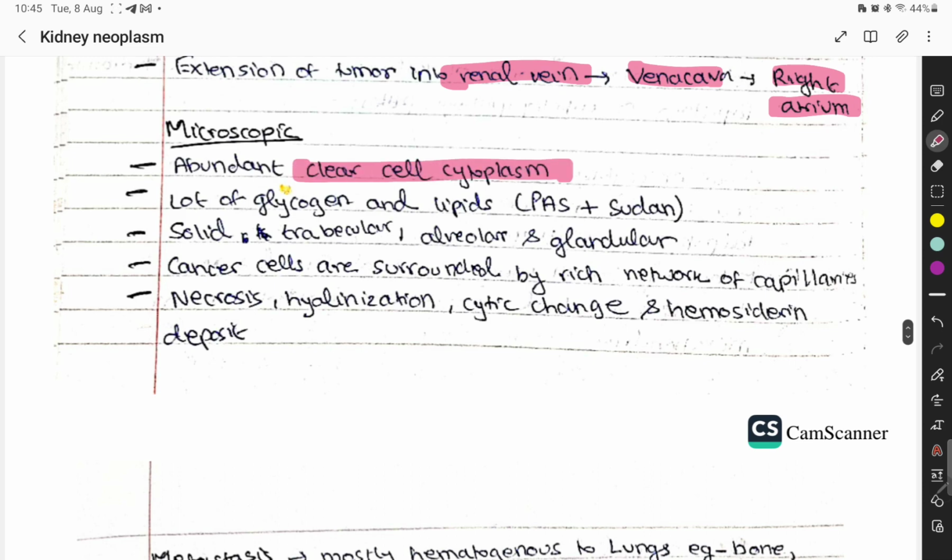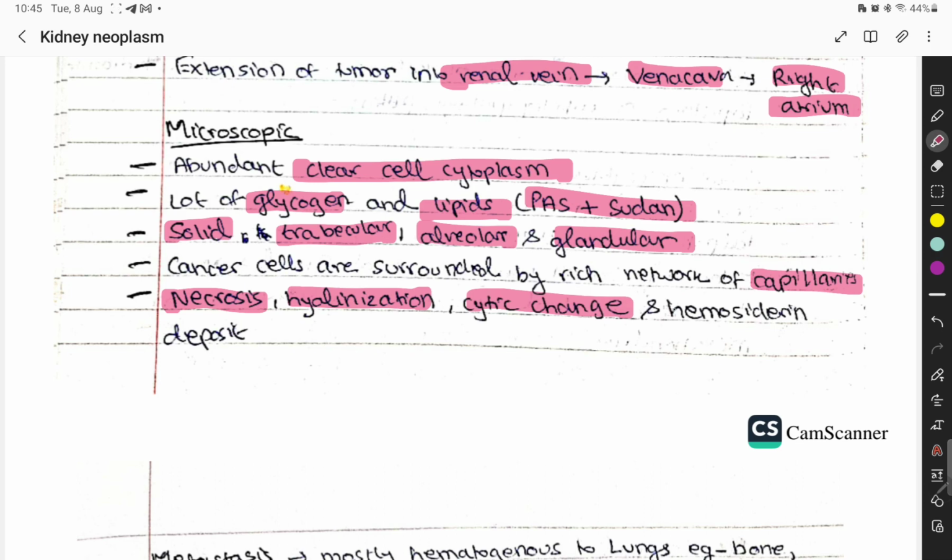Microscopically, you have abundant clear cell cytoplasm, lots of glycogen and lipids. PAS and Sudan are the stains used. It's either solid, trabecular, alveolar, or glandular in structure. Cancer cells are surrounded by a rich network of capillaries. There is necrosis, hyalinization, cystic change, hemosiderin deposit.